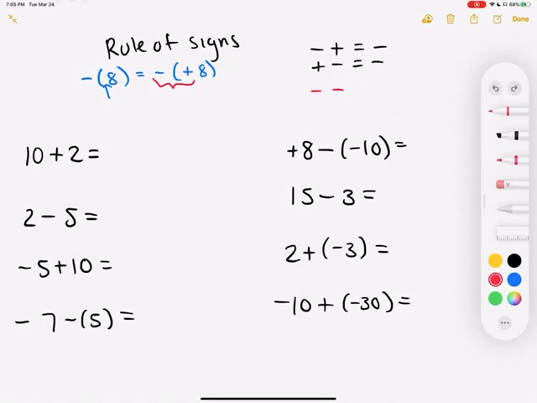When you have two negative signs together or two positive signs together, you can combine those into one positive sign. For the situation I'm showing you here, these two signs are different signs, so they become a negative 8.